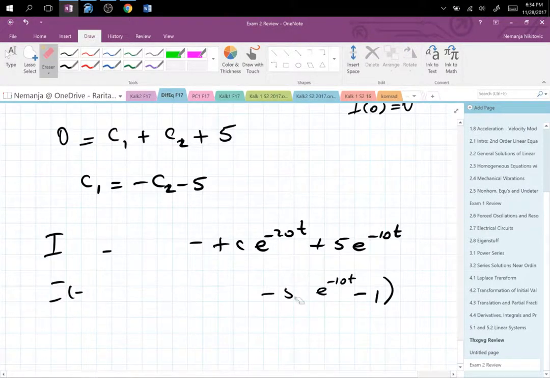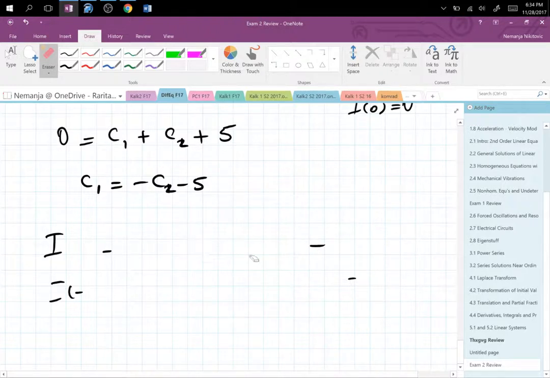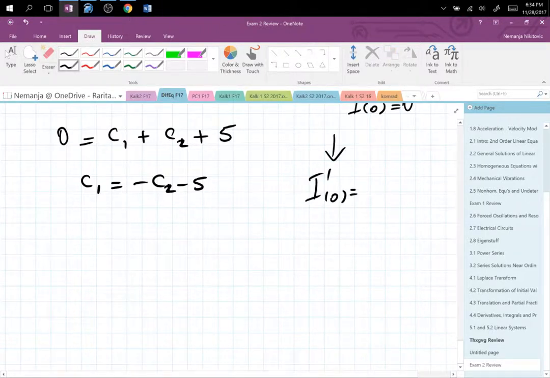Okay, so I'm going to erase this then. So to find the second condition, I forgot about that. There's no C0 either. It's a C1 and a C2. E of t divided by L, which is E of 0.